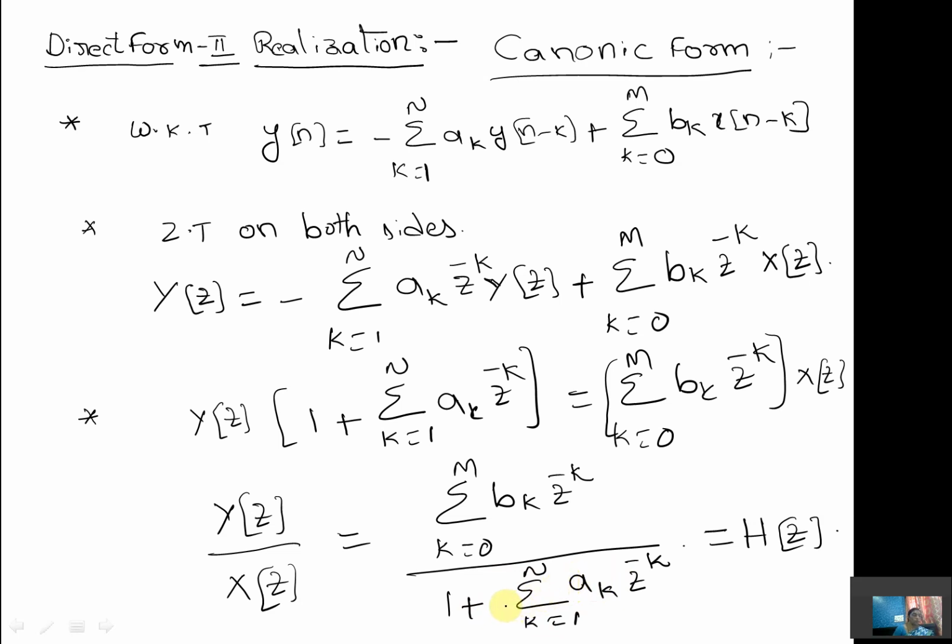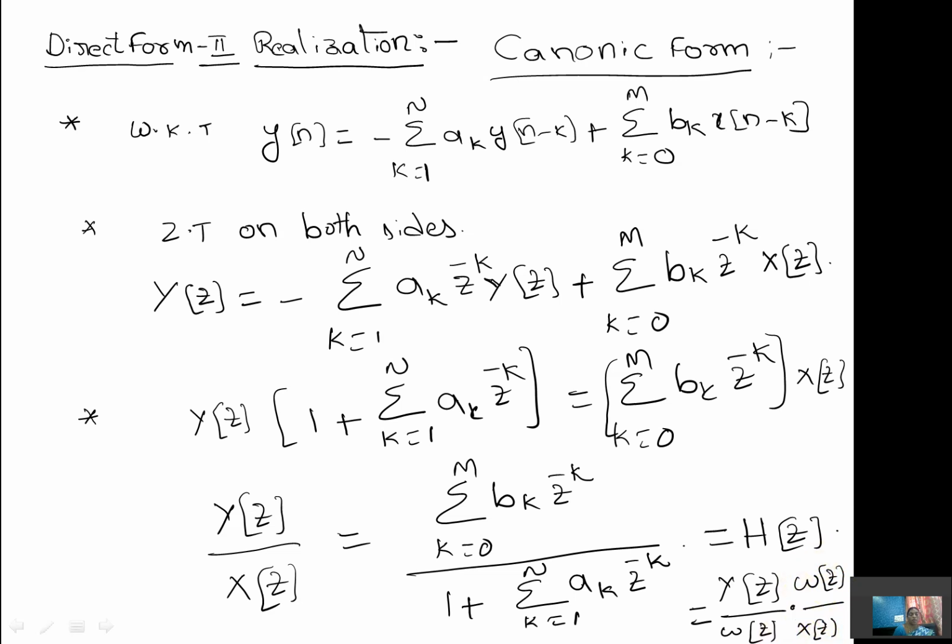Now consider this equation, that means h of z is equal to y of z by x of z. Now take one dummy variable, that is w of z. Hence we can write it like this: y of z by w of z into w of z by x of z.